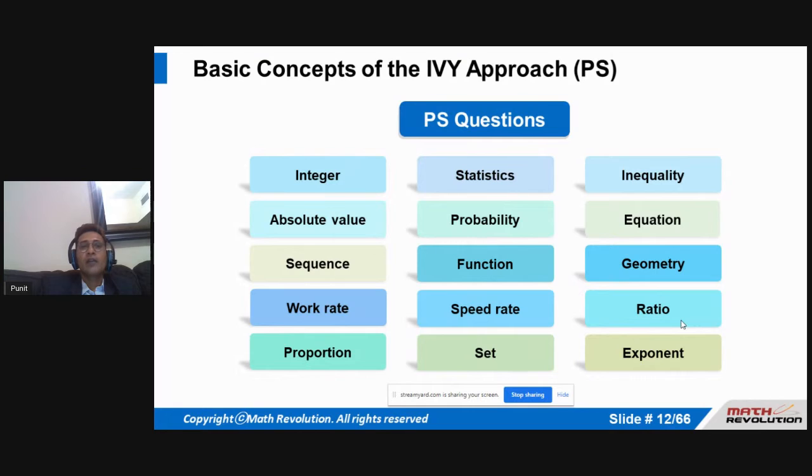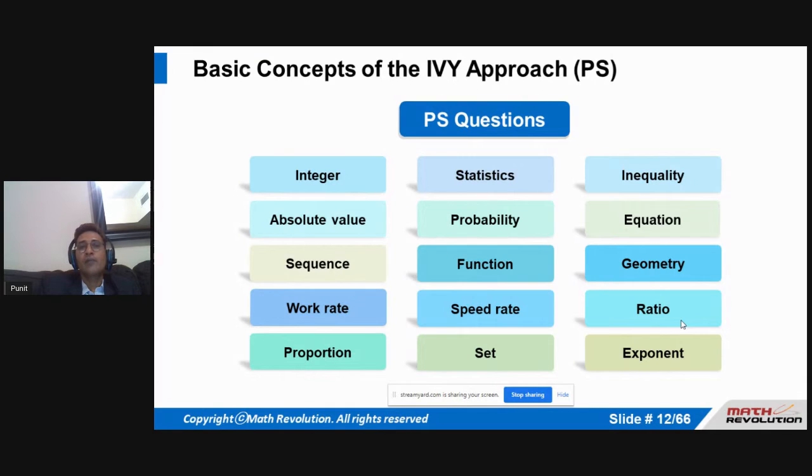PS questions are majorly from integers, statistics, inequalities, absolute value, probability, equations, sequence, function, geometry, work rate and speed rate, ratio, proportion, set, and exponent. Out of this, integers, statistics, inequalities and absolute value, probability, and geometry.